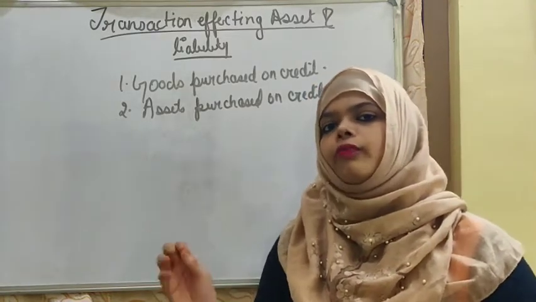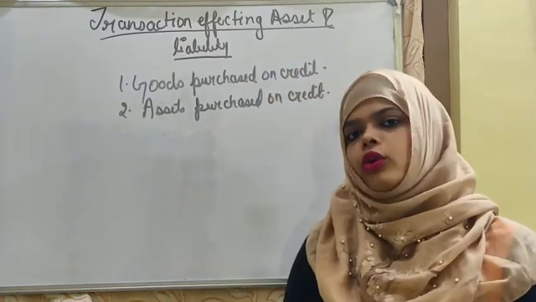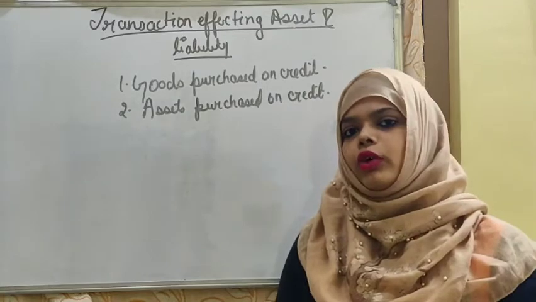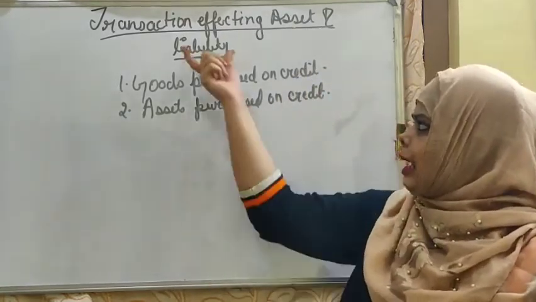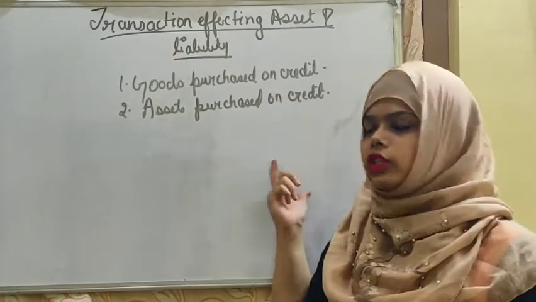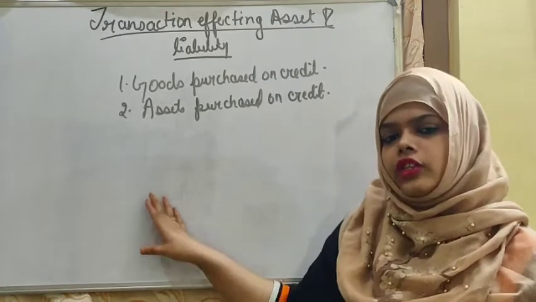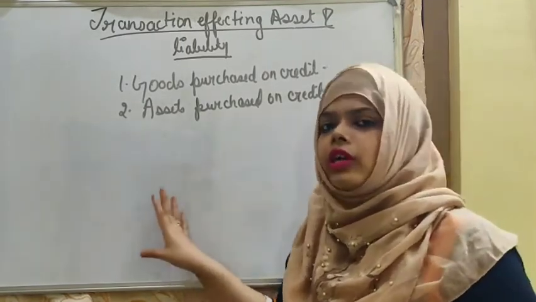The person to whom the business owes is the creditor, and the amount which we owe is the outsiders' equity. So that naturally becomes the liability part, and the purchase becomes the asset part. This transaction will affect both the asset and liability of the accounting equation.